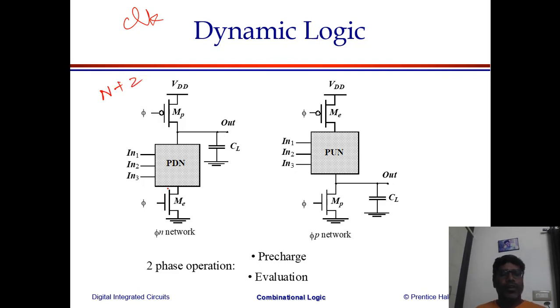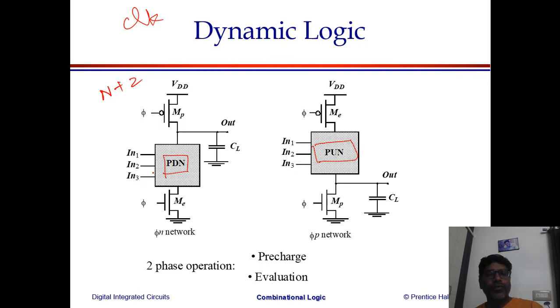N is the number of transistors for the pull down network, and two transistors are for the clock, right? One at the top, which we call the header, and the other one at the bottom, which we call the footer. Now you can build this network using pull down or pull up, so you can follow either of that.